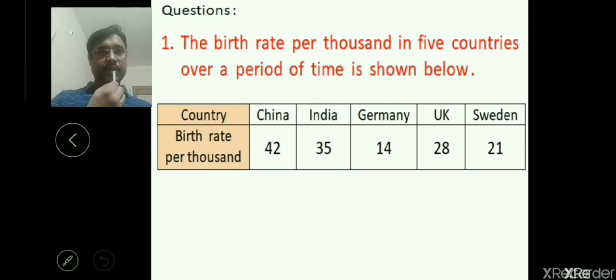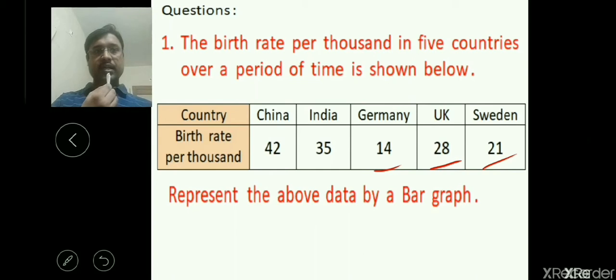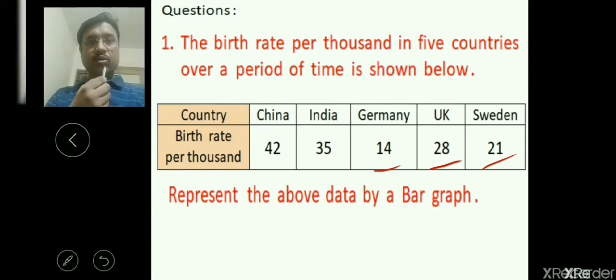The birth rate per thousand is 42 for China, India 35, Germany 14, UK 28 and Sweden 21. You have to represent the above data using a bar graph. So how will you do that? We will see now.